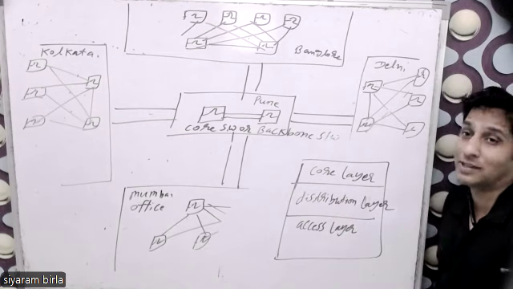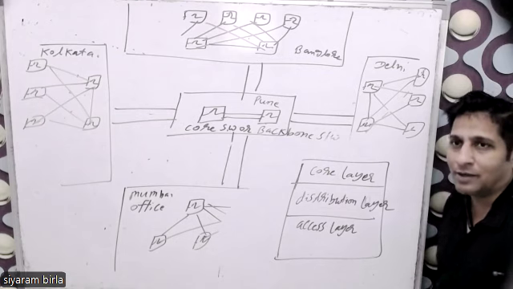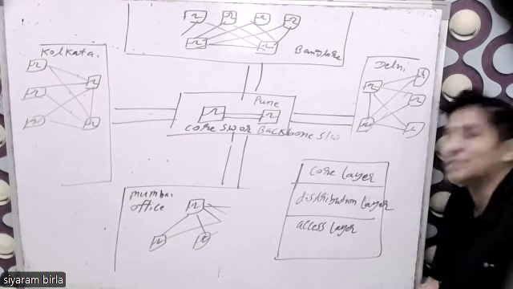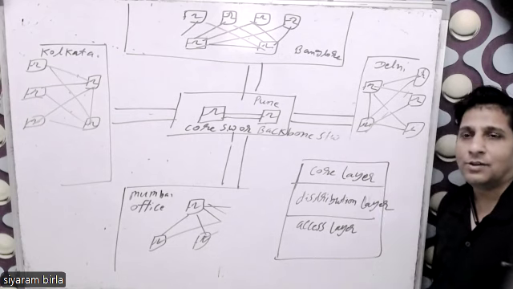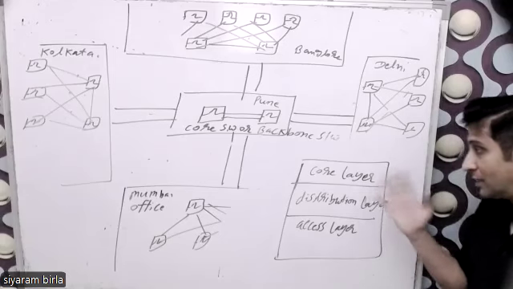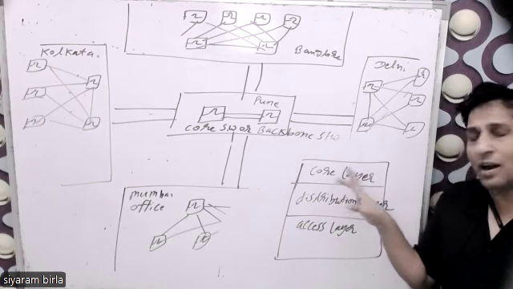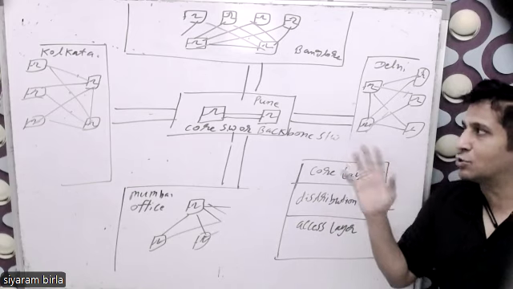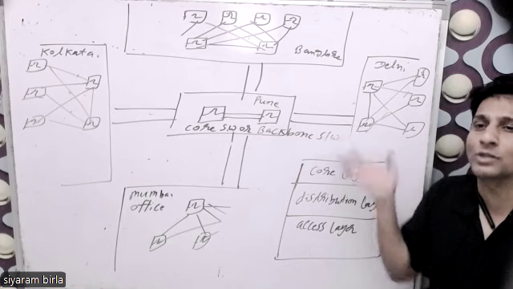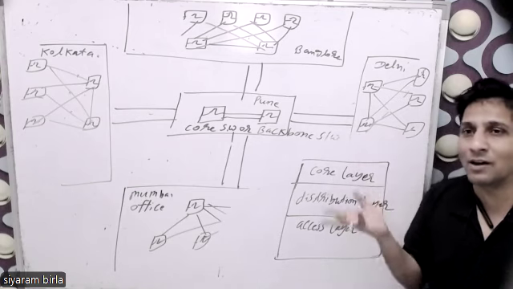So there are three layers, and all network architecture is designed on the same basis. If you go through any company's architecture, it is based on these layers. Below is the access layer, then the distribution layer, then the core layer. This is not a concept of switches only. It is like ISP architecture where there are lots of routers.